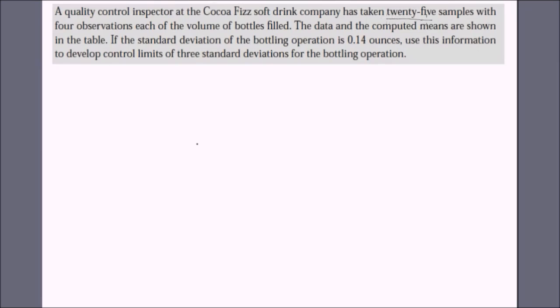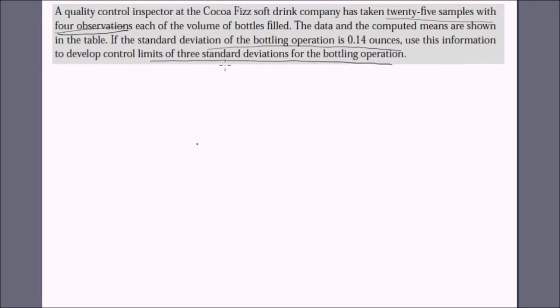We will quickly switch over to the Excel sheet after overseeing the questions. The data are of course shown on an Excel sheet. As I have told you, the standard deviation of the bottling operation is 0.14 ounces, and we are asked to draw a control limits of 3 standard deviation for the bottling plant.